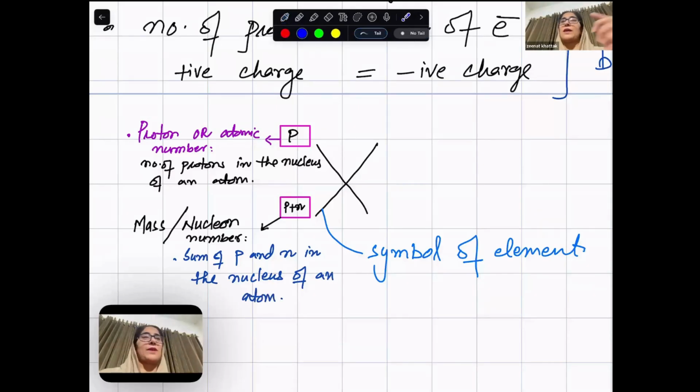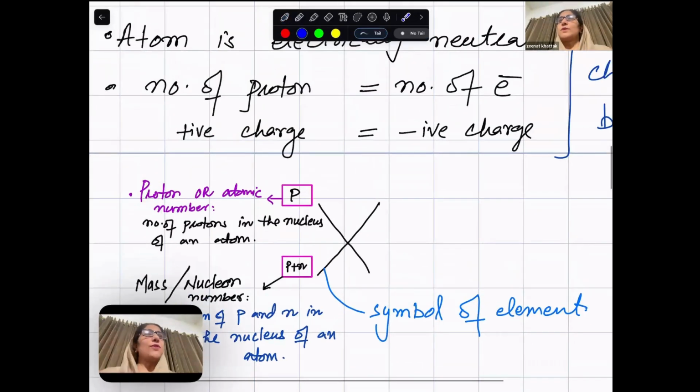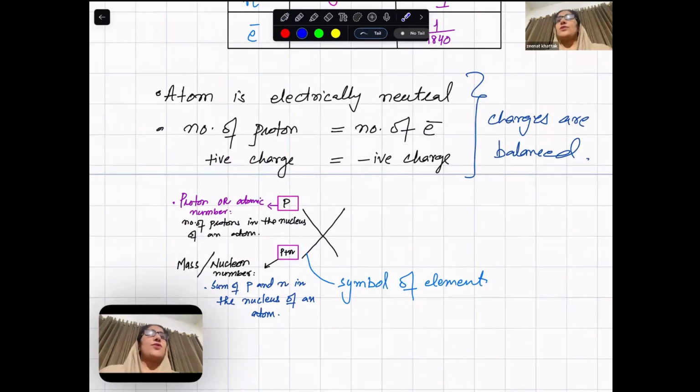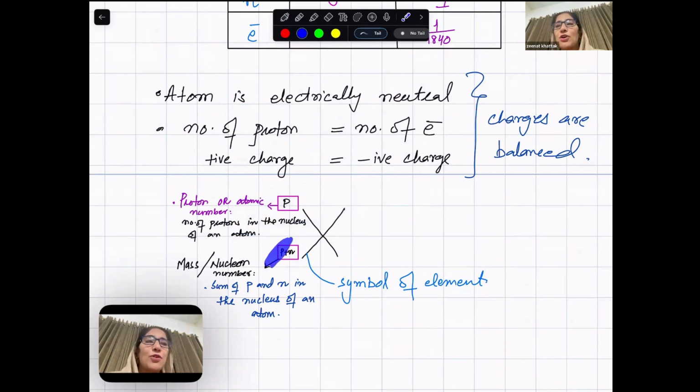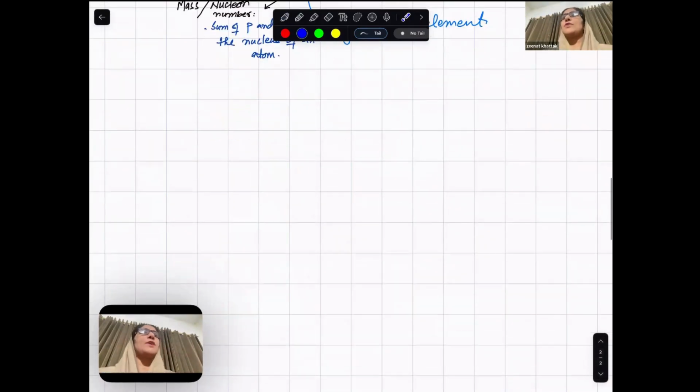Now, we know that protons are equal to electrons, and we know these are protons, so the same is the number of electrons. And if I subtract the protons, I will get the neutrons.